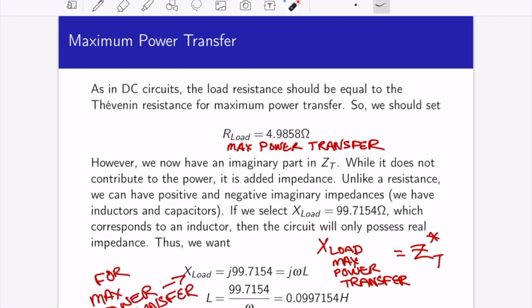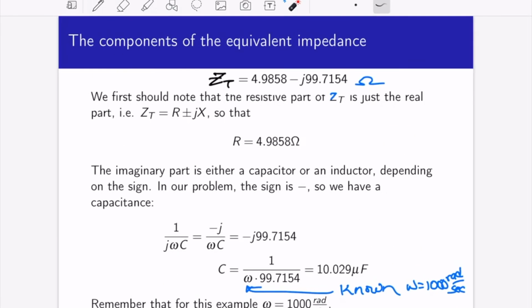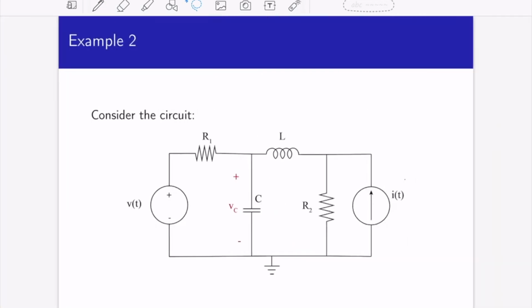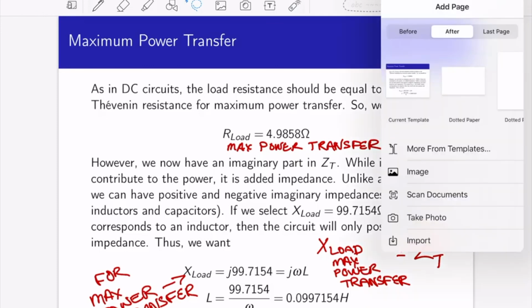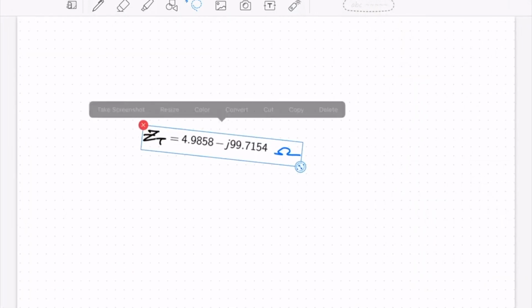So if we drew that, well, let me just go back here for a moment. So that means, let me copy this and I will put it a little more orderly for you. Okay, so here's our value of Z Thevenin.